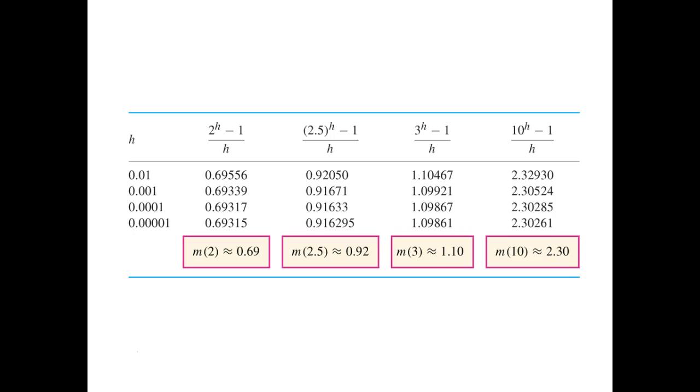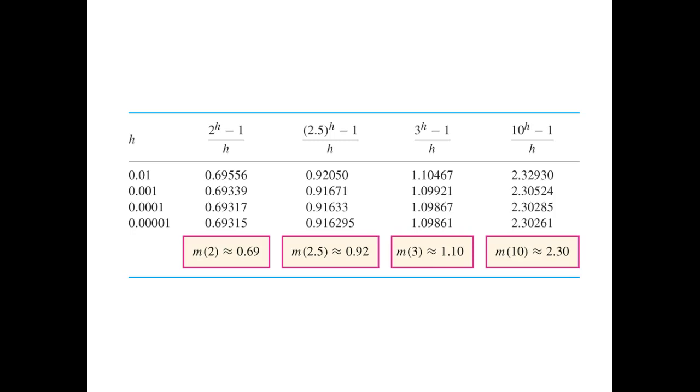2, 2.5, 3. At 3, we plug that in: 1.10, 1.09. So that's good to 1 digit here. 1.098. That's good to 2 digits here. Actually, those are 2 digits here too. 1.0986, that's good to at least 4 digits here. So they say 1.10, which you had almost at the beginning.